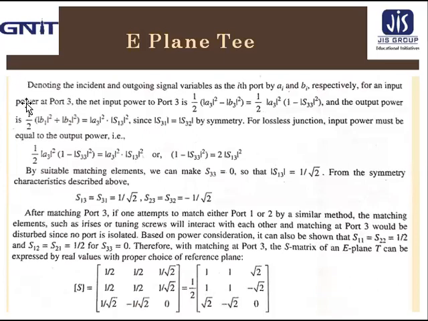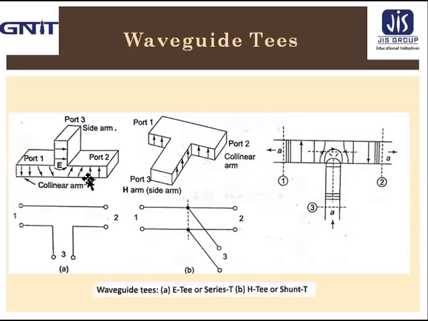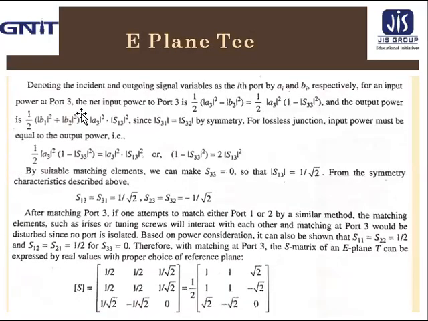Denoting the incident and outgoing signal variables at the ith port by a_i and b_i respectively, for an input power at port 3, the net power to port 3 is half within brackets of |a3|² minus |b3|², that is equal to half |a3|² into (1 minus |s33|²).